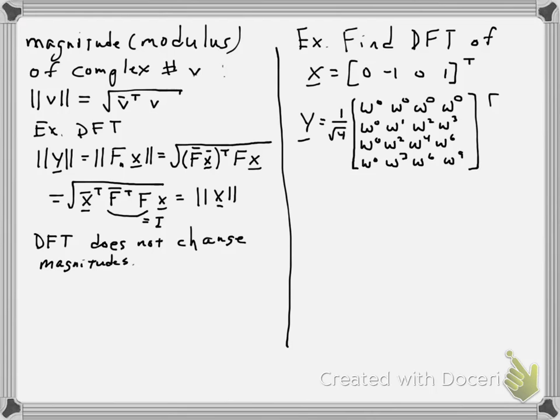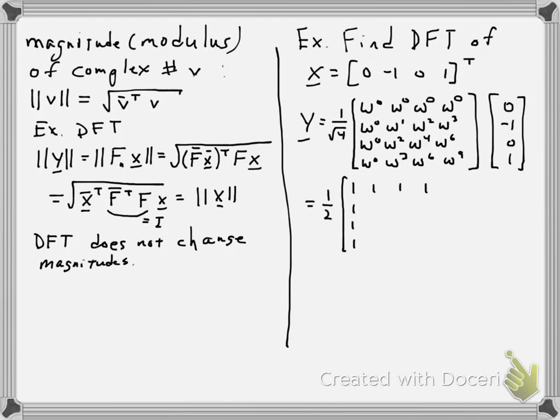All of this times our vector 0, -1, 0, 1. And of course omega to the 0 is simply 1, so we have a bunch of 1s across the first row. 1s down the first column, okay?